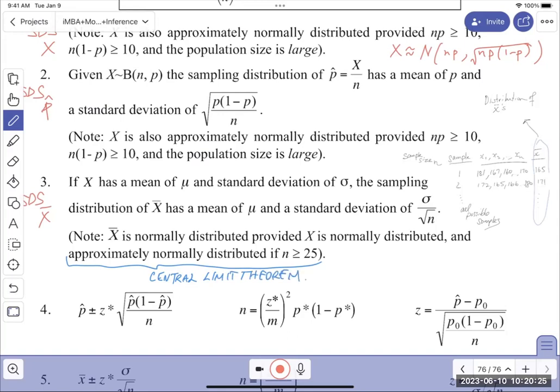Call the central limit theorem. Very good. Thank you. Yes. Okay, so just that part. If you don't know the shape of the distribution, yes, central limit theorem.